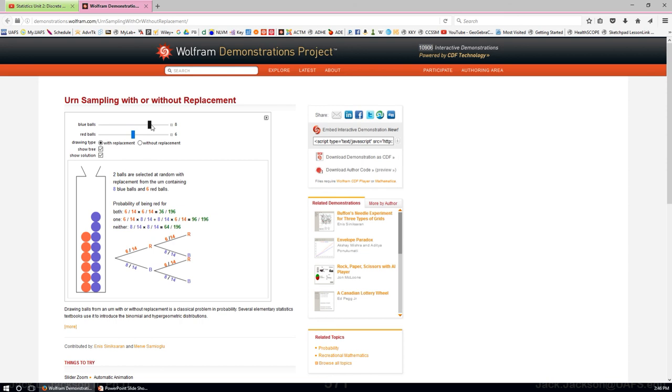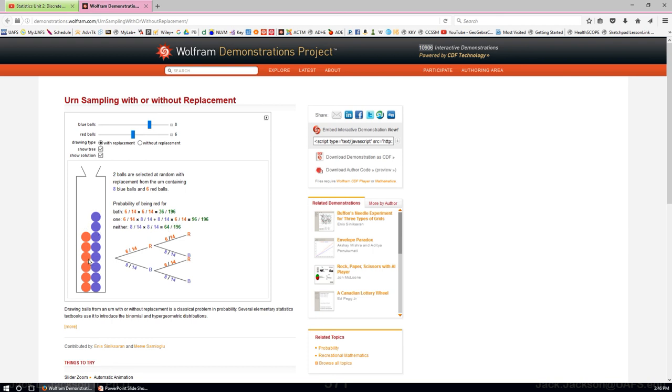And we can control the number of blue balls here and the number of red balls here. And it looks like we see the probability of red and blue here as it's set up. So probably red is our success. So both red, that's x is 2. There's the probability. One red is here, and that's x is 1. And neither red, which is x equals 0, is down here.